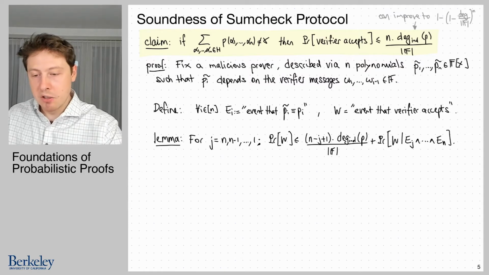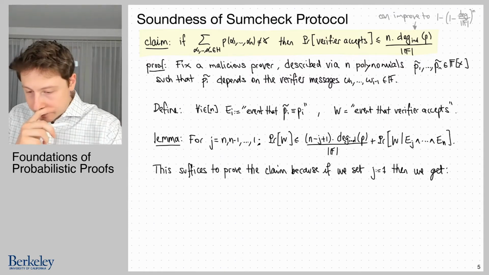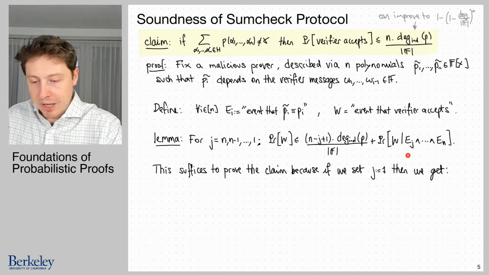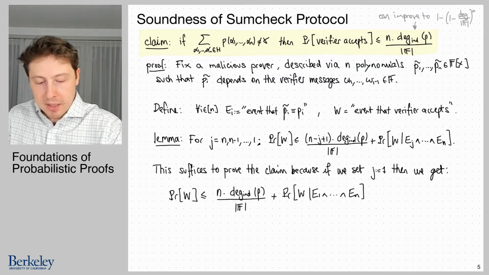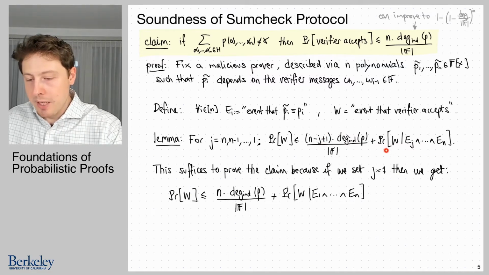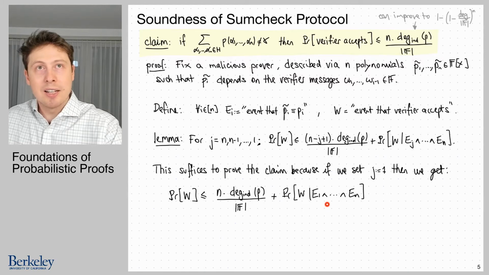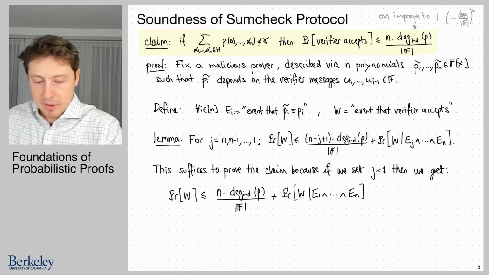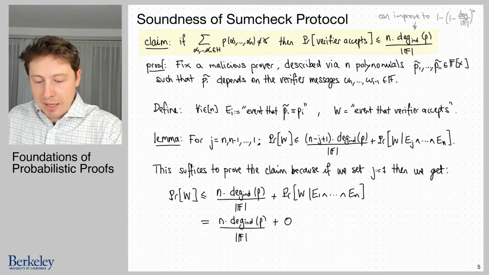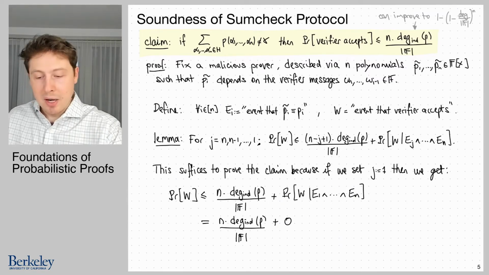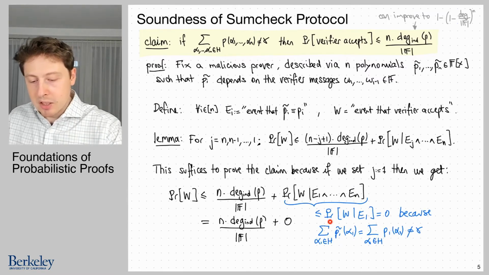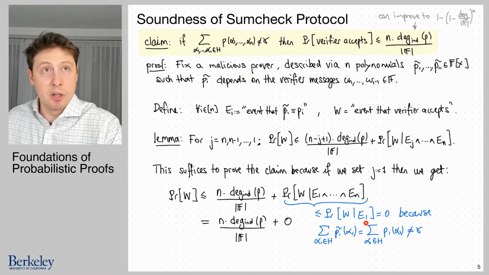Why does this suffice to prove the claim? Well, let's set j equals 1 in this expression. What we get is this expression, right? When I set j equals 1, this goes away. And here I have the probability that the verifier accepts given that the malicious prover actually decided to act honestly at every round. Okay, but I want to claim that this probability is actually 0. Why is that? Well, certainly this probability is at most the probability that the malicious prover behaves honestly just in the first round.